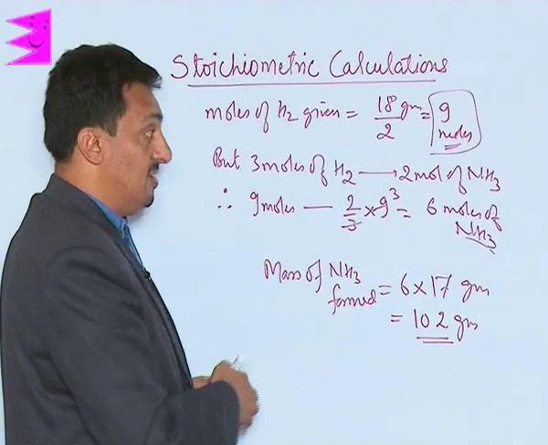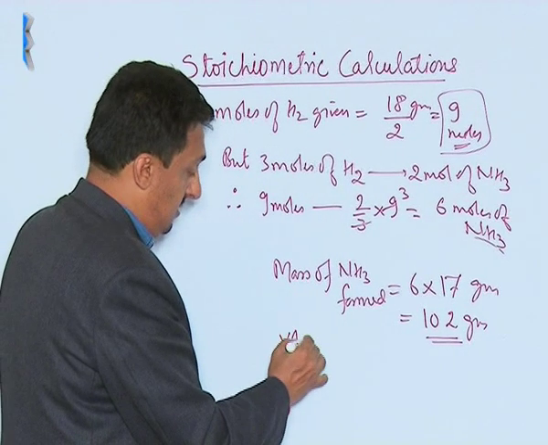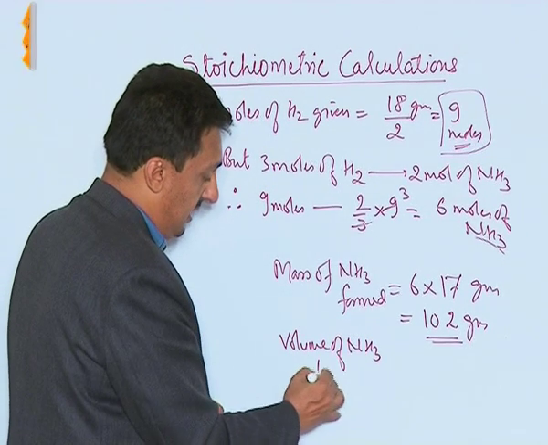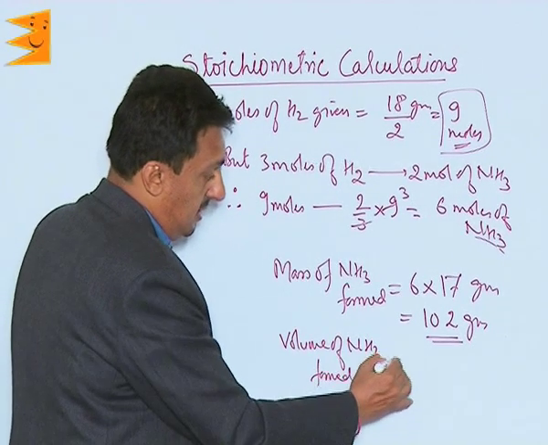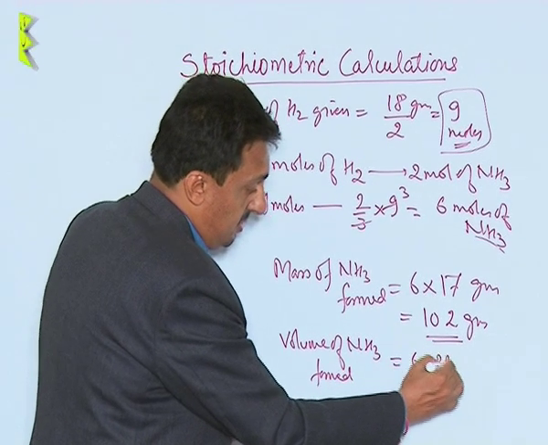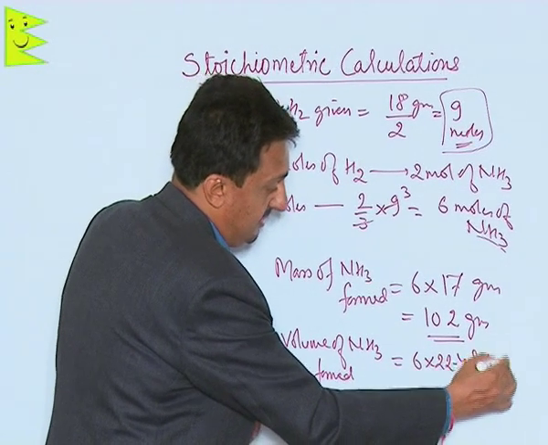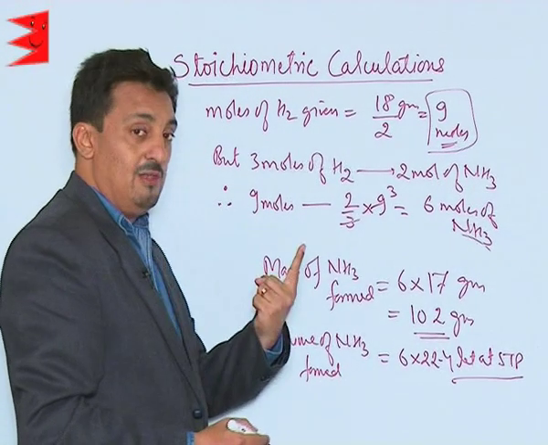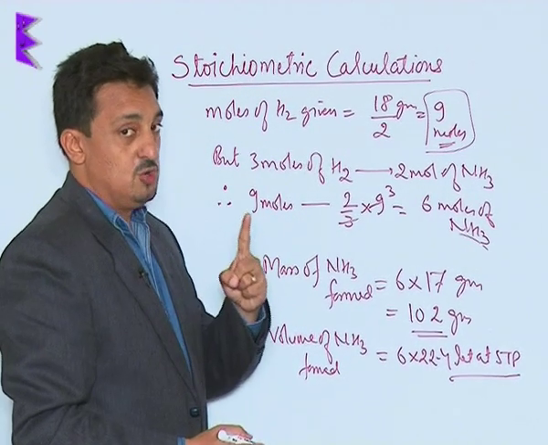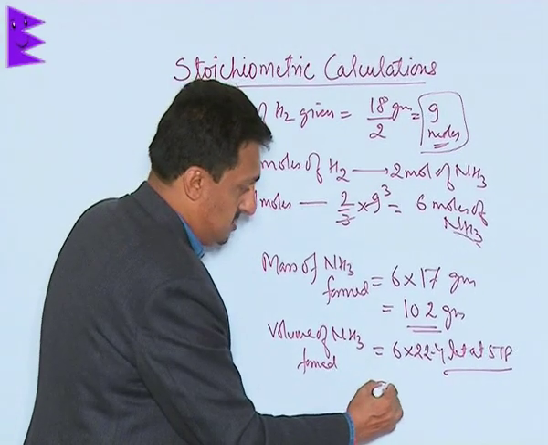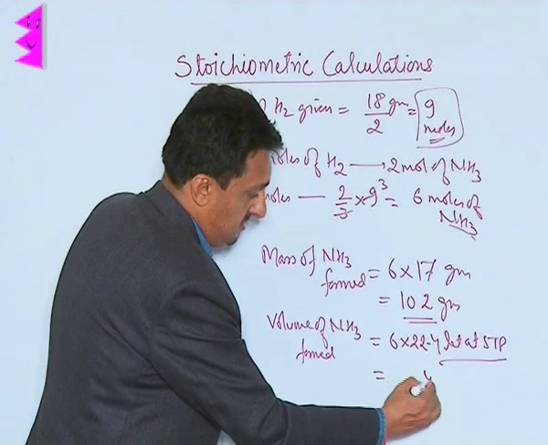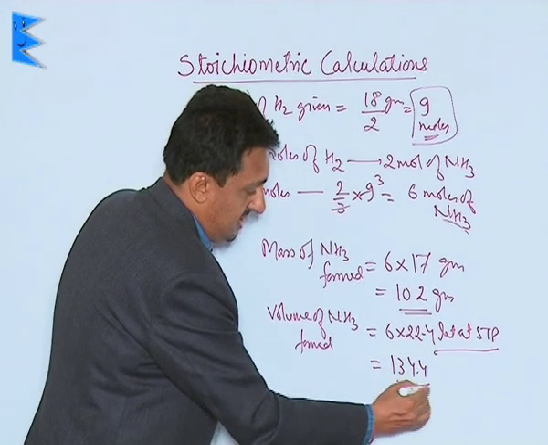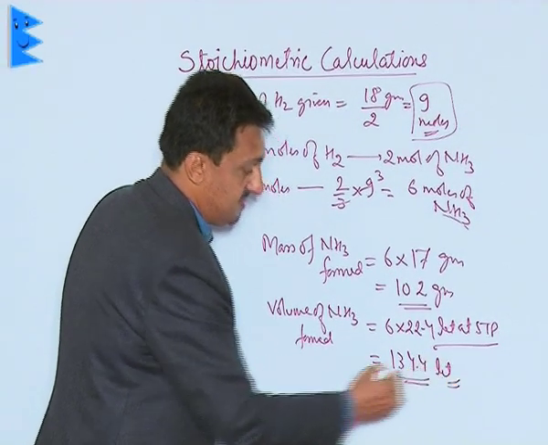Now, since the numerical was asking for the volume of the ammonia formed, it can be 6 into 22.4 liters at STP, because 1 mole will occupy how much volume? 22.4 liters. So this will come out to be 134.4 liters.